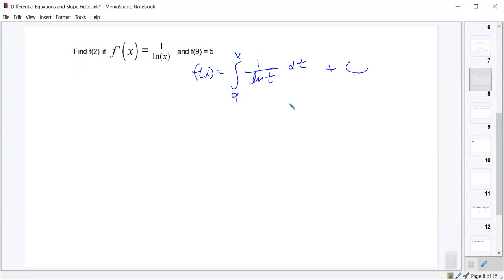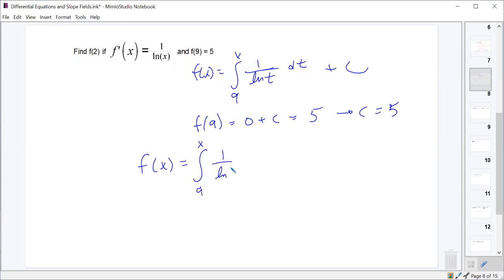That gives us zero here, plus our constant, which needs to equal 5. So 0 plus c is 5, telling us that c is 5. So hopefully you all came up with f of x is equal to the integral from 9 to x of 1 over ln t dt plus 5.